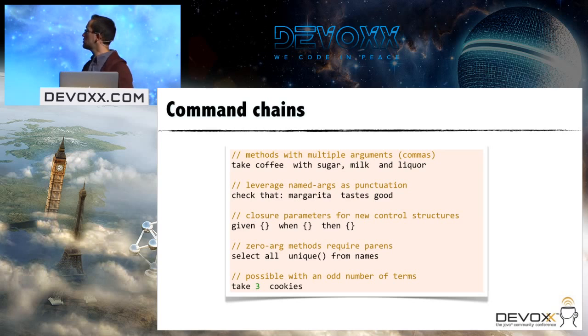And this one is also quite straightforward. And as I said a minute ago, when you've got an odd number of terms, it's like calling a property, the property notation, on the return value of take3. Okay, so that allows us to create some very interesting and very readable domain-specific languages, which is an area where Groovy shines.